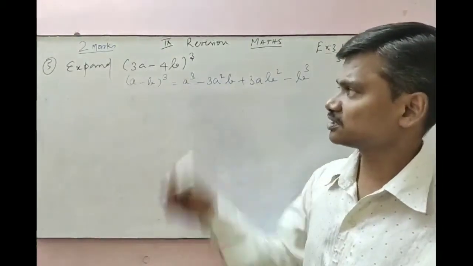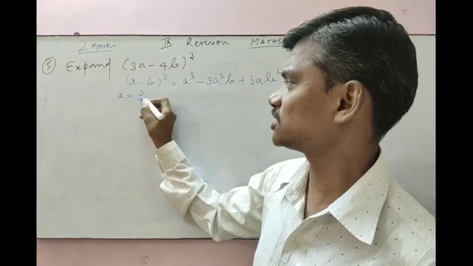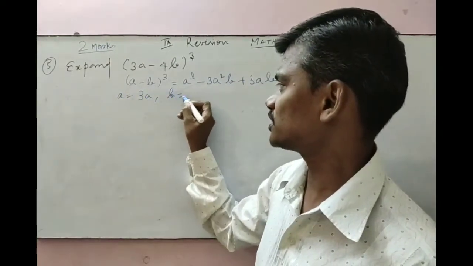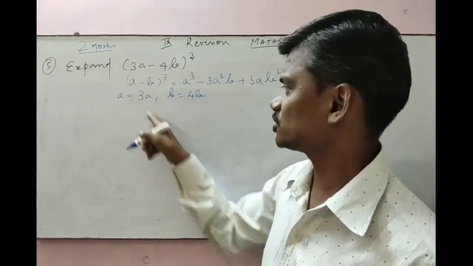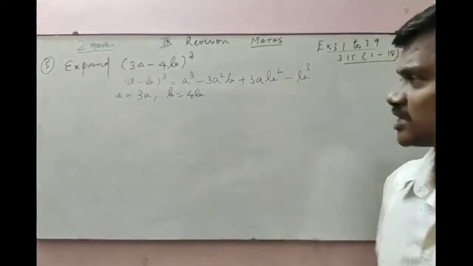But in this question, in place of a we have 3a, in the place of b we have 4b. So we have to use a as 3a and b as 4b in the above expansion.